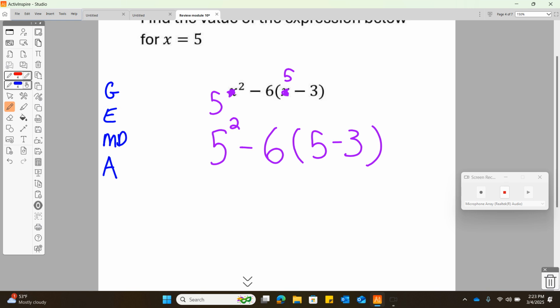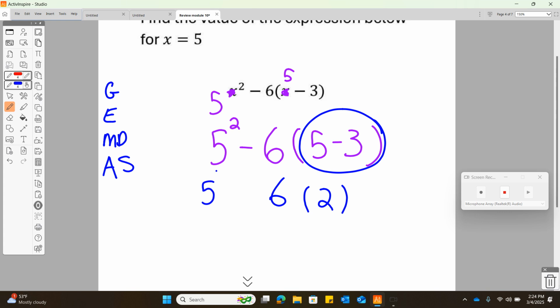So the first thing is my grouping symbols. 5 minus 3 becomes 2. Everything else remains the same. So I've done my grouping symbols. Next, I'm going to do my exponents. 5 squared is 25. Everything else stays the same.